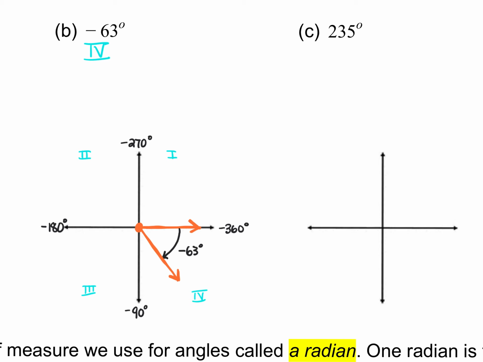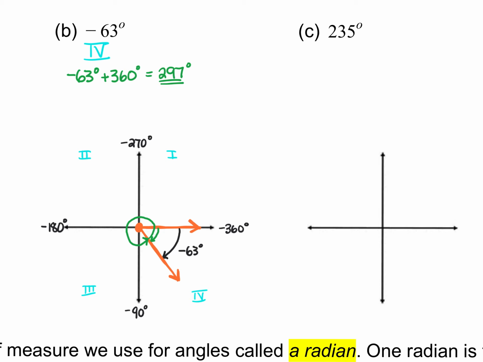Our original rotation is to negative 63 degrees, but then I change direction and rotate a full 360 degrees. So I started with negative 63 degrees, I add 360 to it, and that gives me 297 degrees. That gives me a positive coterminal angle.